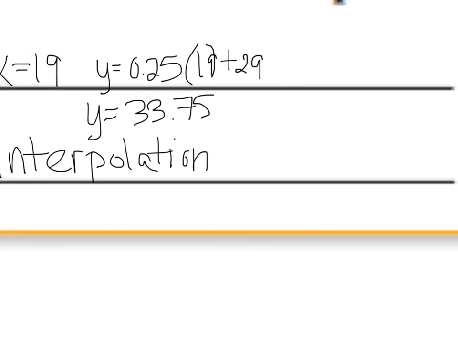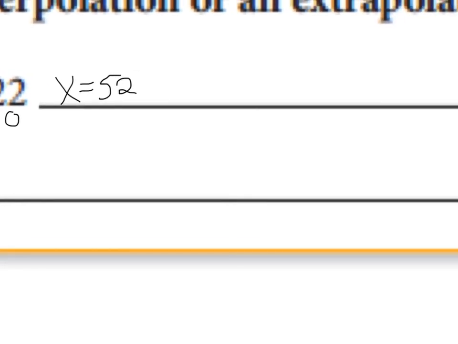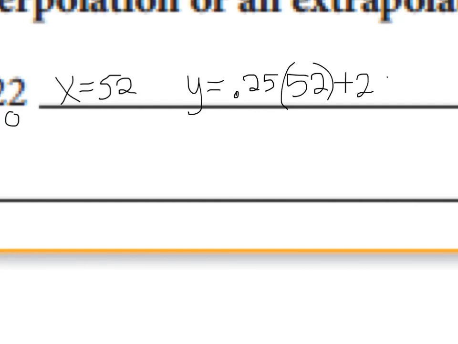So there's your two answers for number 8. The second question, we're using the year 2022. So I subtract that by 1970, and my x value is 52. So I plug that into the equation, y equals 0.25 times 52 plus 29.